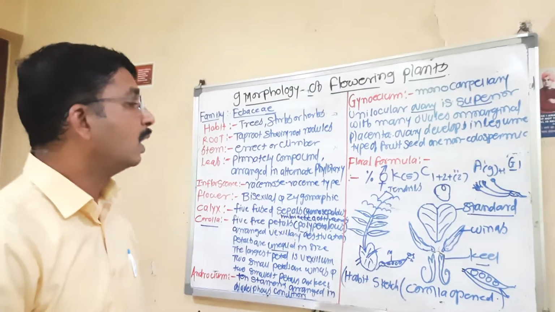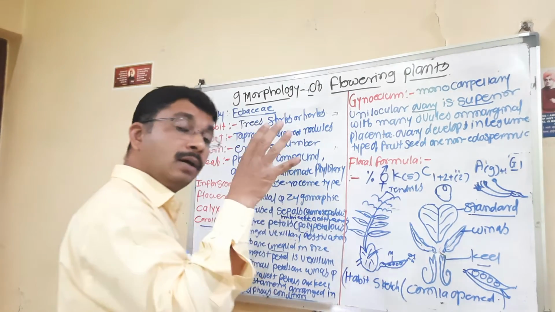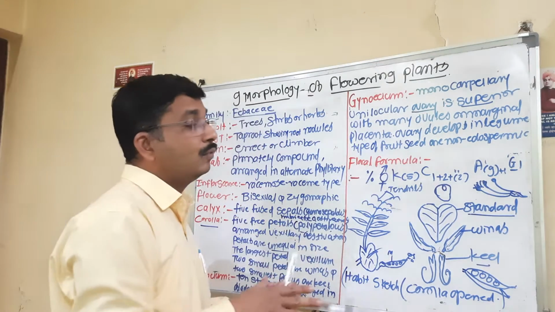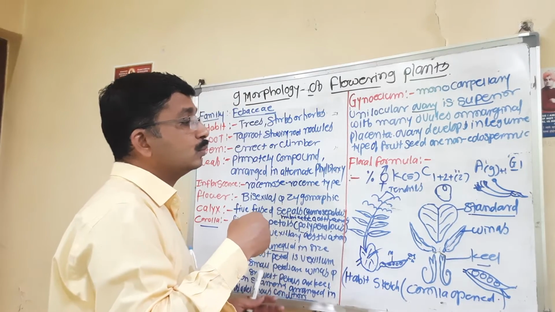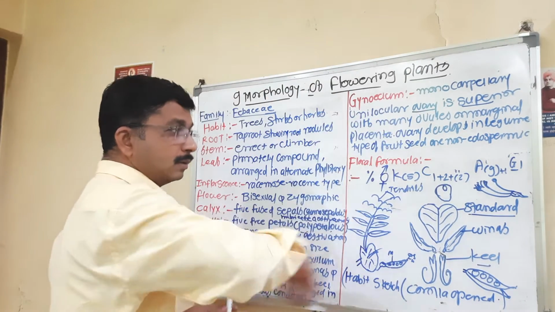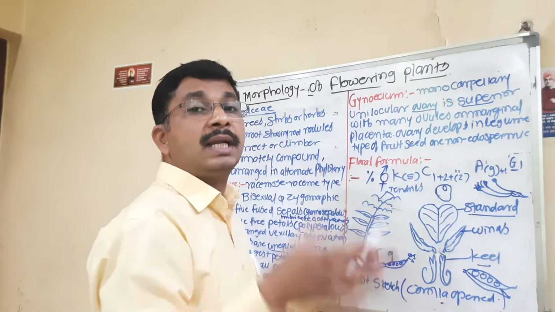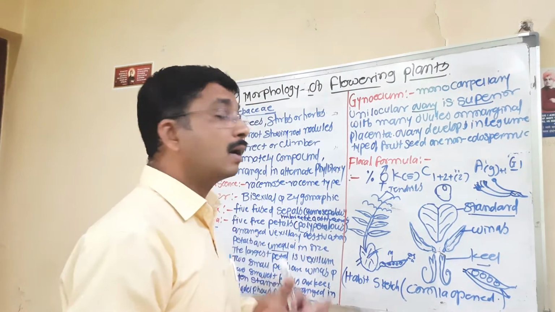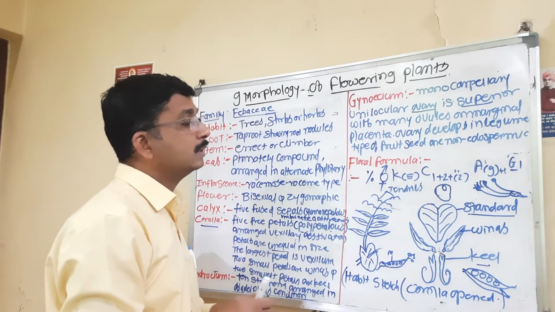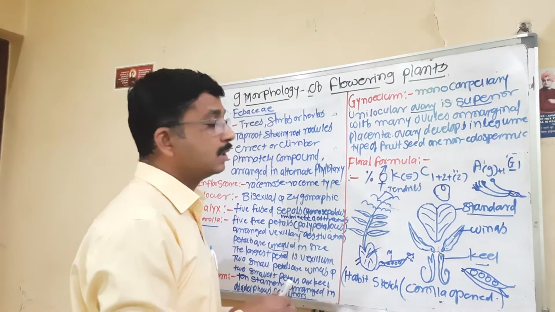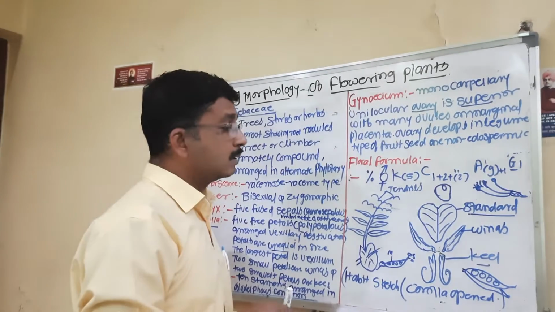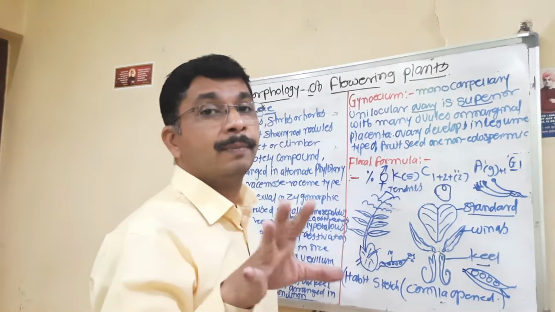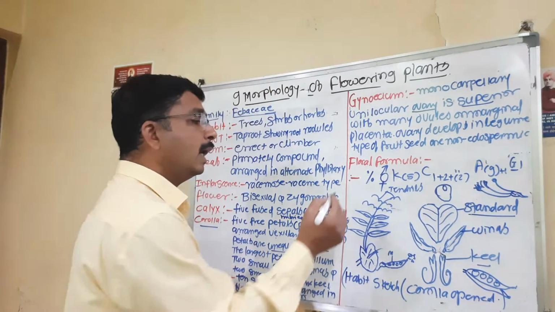On the basis of the diagrammatic representation, we can represent the characters of this particular family with the help of symbols, which we discussed in previous lectures at the time of discussing the flower.